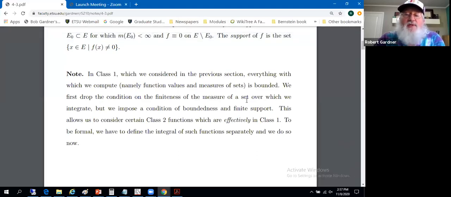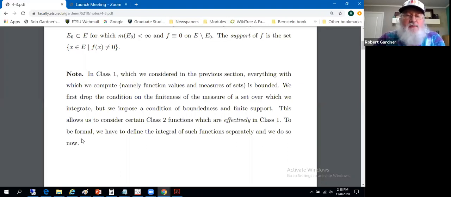So set E will simply be a measurable set and we'll integrate over set E, but we'll impose a condition of boundedness and finite support in order to create some functions that, strictly speaking, are in class 2, but they're effectively in class 1. So we'll have bounded functions of finite support. The only thing that keeps them from being class 1 functions is maybe they're defined on sets of infinite measure, but they're 0 except on a set of finite measure.